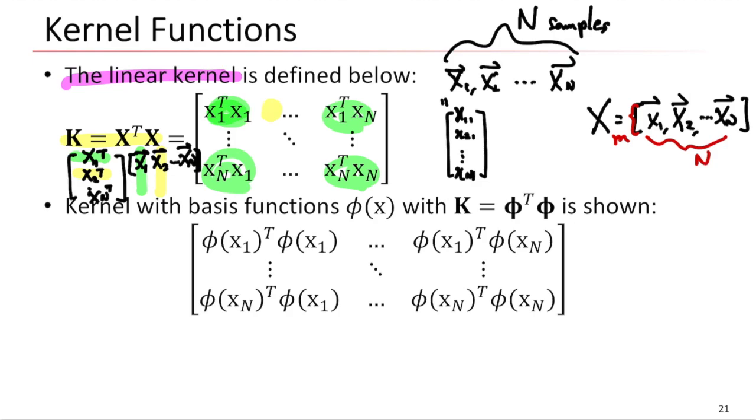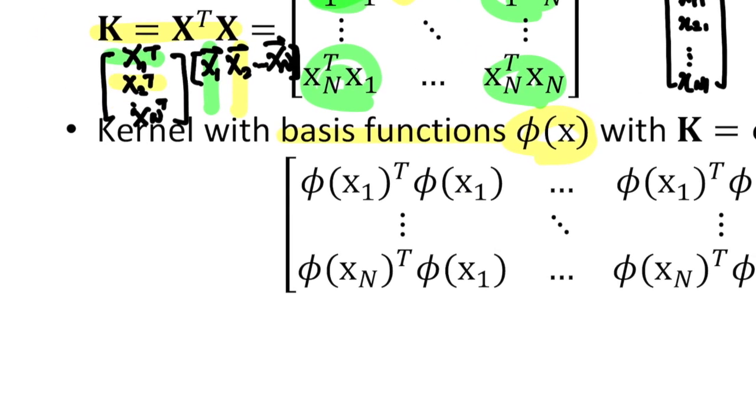Then we can also introduce a basis function phi of x. Why do we need this? Let's see here. We have an input vector x, and we introduce some kind of kernel function.